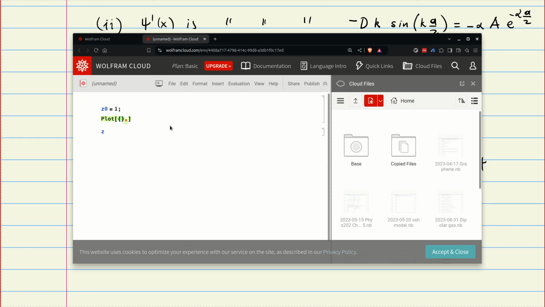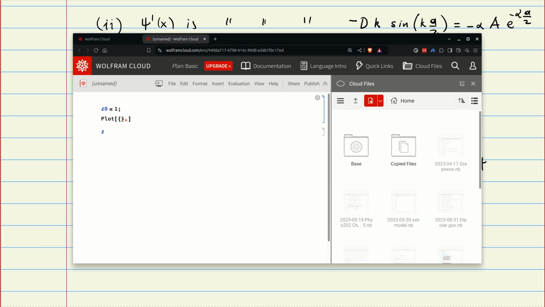I think my computer is behaving. So this is z tangent z. Let's first plot this, and z from, I don't know, 0 to 10.